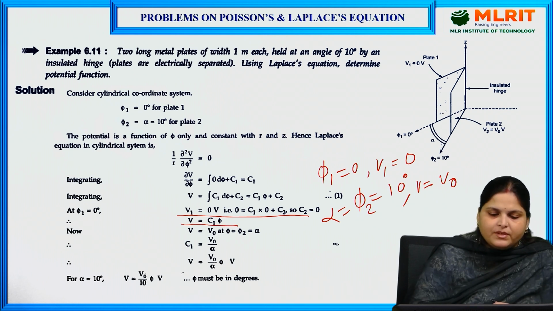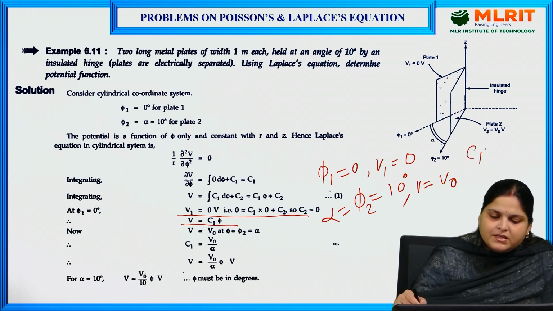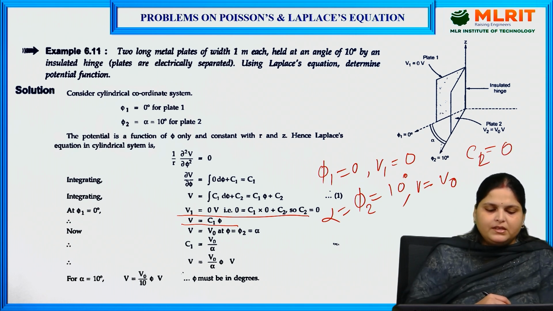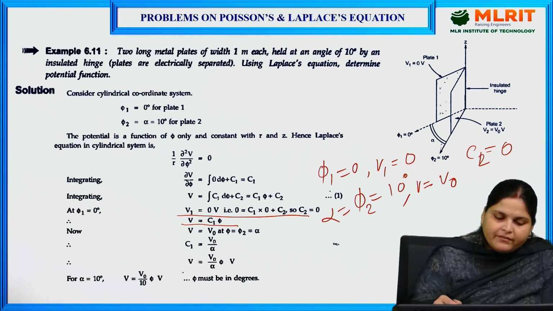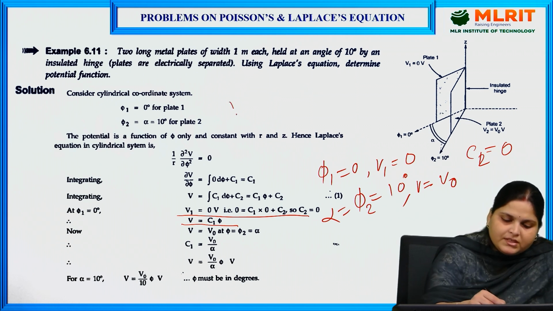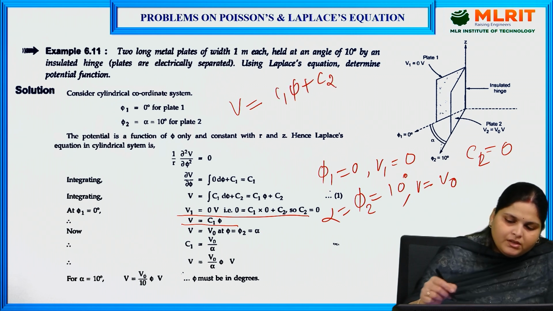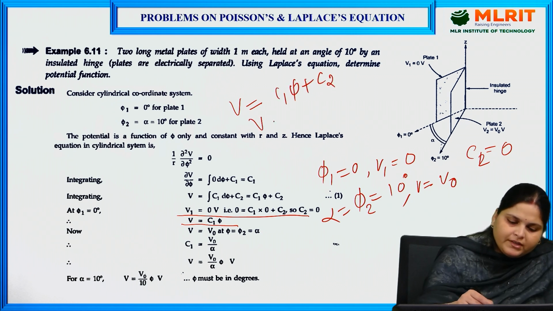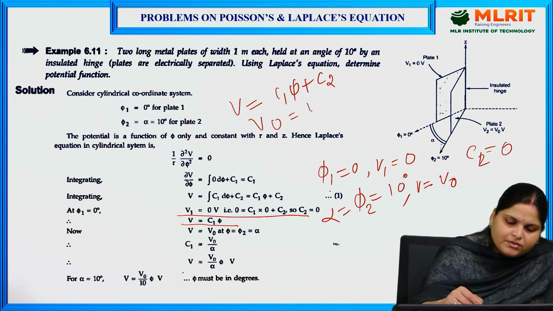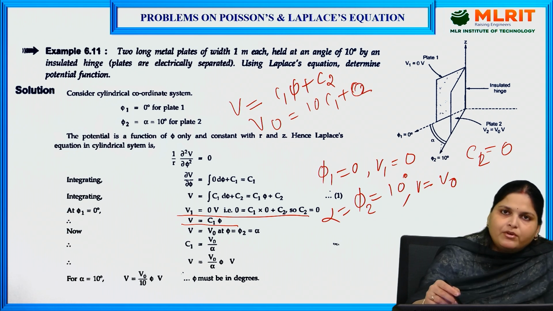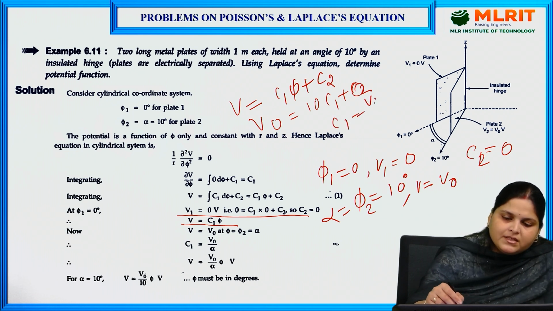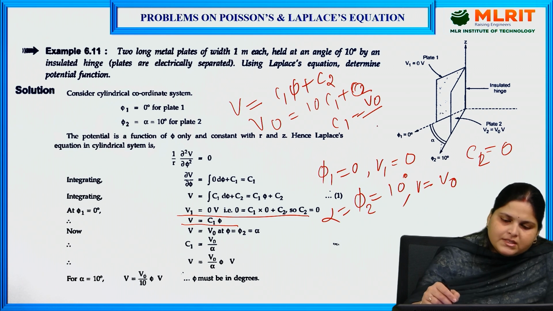From this equation we will get C2 is equal to 0, right? And when we put in the second equation V is equal to C1 phi plus C2, we get V is equal to V naught here, and phi is 10, so we write it as 10 C1 plus C2, and already C2 we have calculated from the first one is 0, so C1 we will get as V naught upon this alpha or this 10, right?